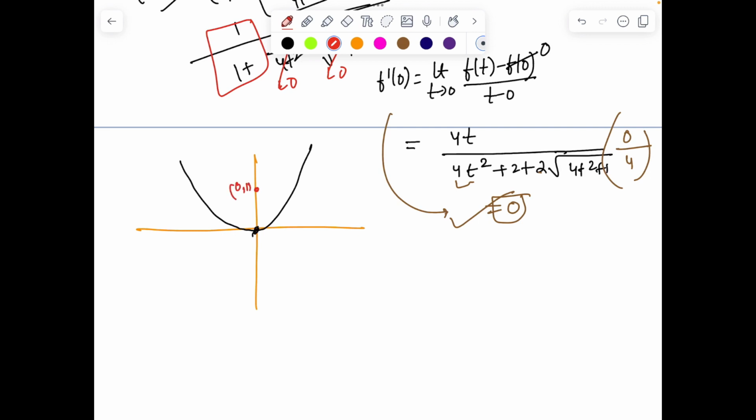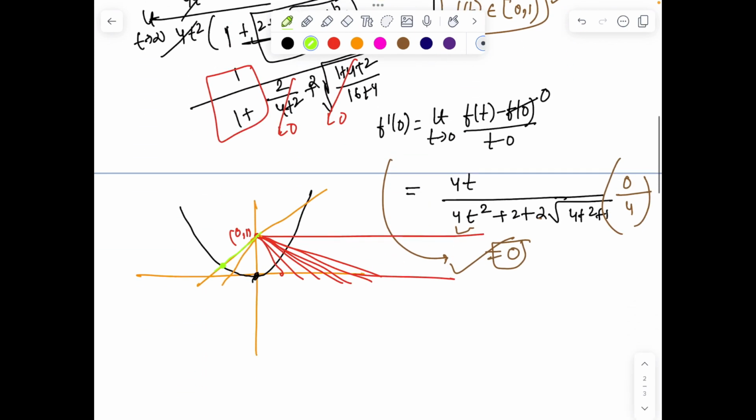Why? Because we have a fixed point (0,1) over here, and as this line segment dances, you see, there will be an upper limit. The upper limit will be this horizontal line, because if we draw any other line over here, since it's a line segment, this part is not allowed, right?